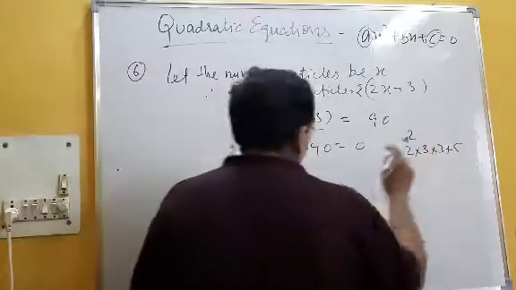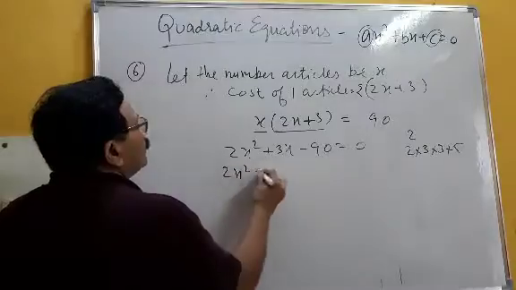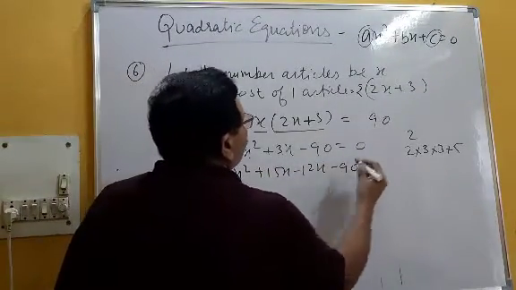So now you can take 15: 2x square plus 15x minus 12x minus 90 equal to 0.